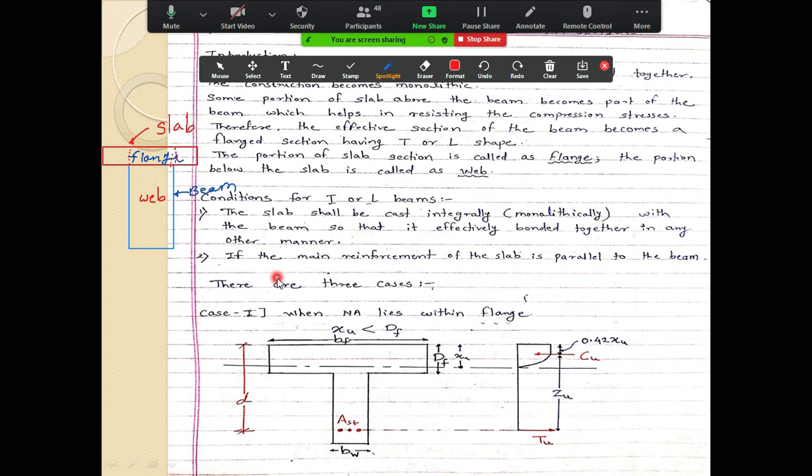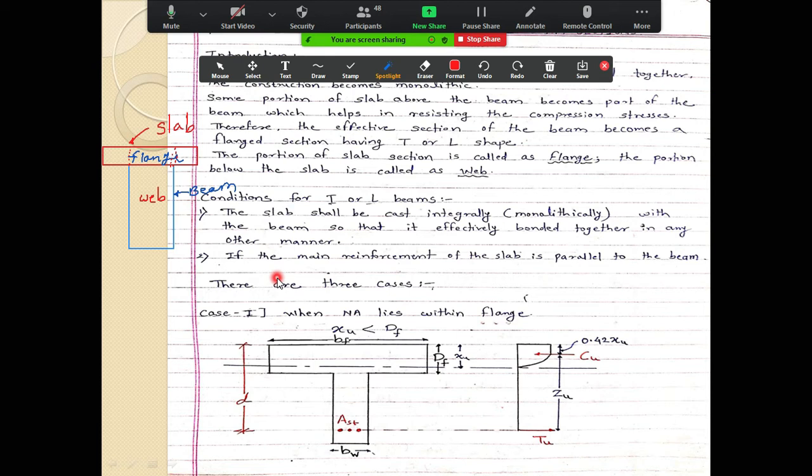Okay, you may observe that if the beam is casted separately and the slab is casted separately, then the initial setting time and final setting time of the concrete are different for beam and different for slab. And the bond between those two concretes is not as strong as when the slab and beam are casted together, when the initial setting time and final setting time of both the concretes are the same.